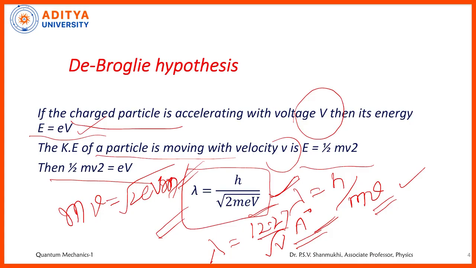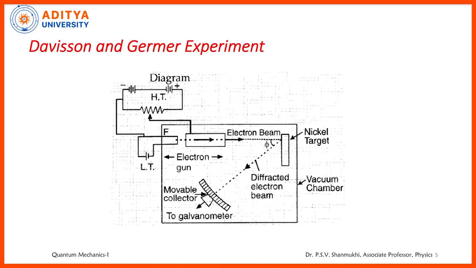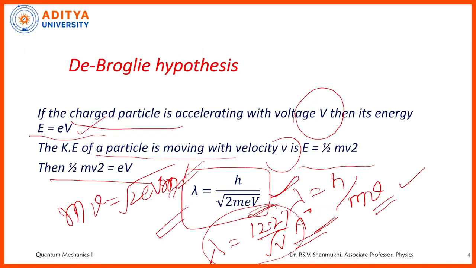Especially if it is an electron, you can use lambda equals 12.27 by root over V. You can use this formula only for electrons, not for other kinds of charged particles. Anyhow, this is the de Broglie hypothesis. As per the de Broglie hypothesis, if an electron is moving with velocity v, it describes waves, the de Broglie waves.